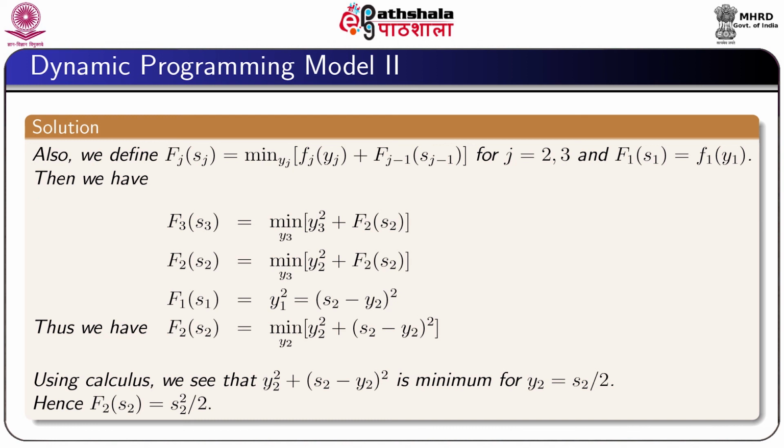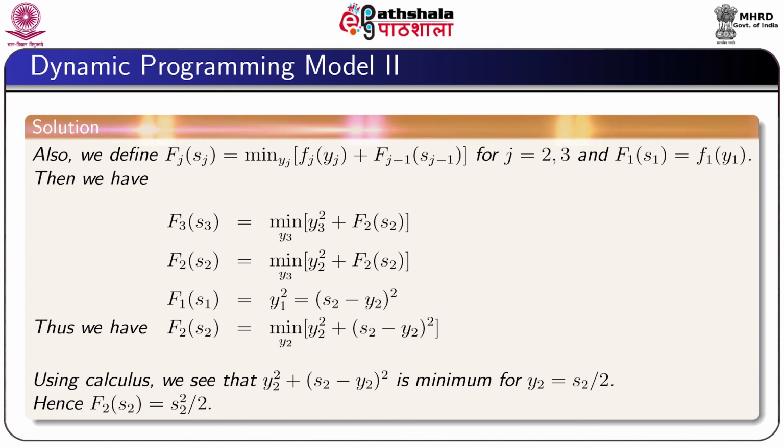F2(S2) equal to minimum of y2 square plus F1(S1), where the minimum is taken over y2, and finally F1(S1) equal to y1 square, which is equal to (S2 minus y2) whole square.